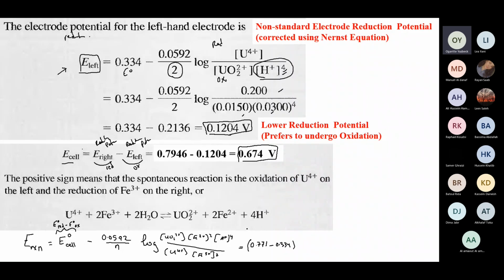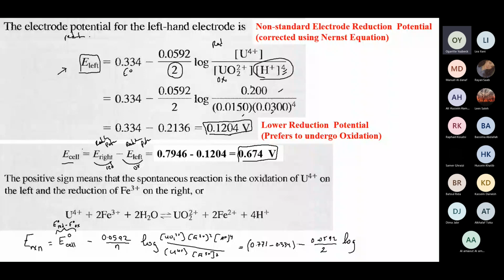Notice these are the E naughts, the original reduction potentials of the Fe and of the uranium. Minus 0.0592 over the total number of electrons for the two reactions to be added up, which is 2, log, and I substitute the concentration of every one of these species inside.